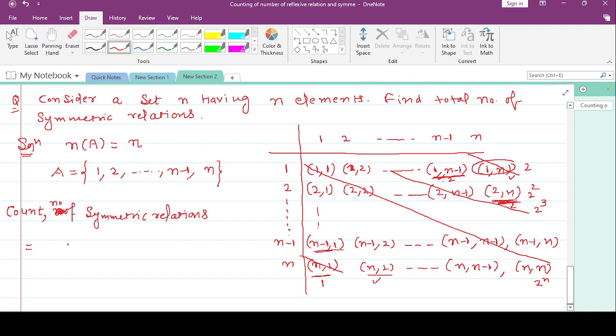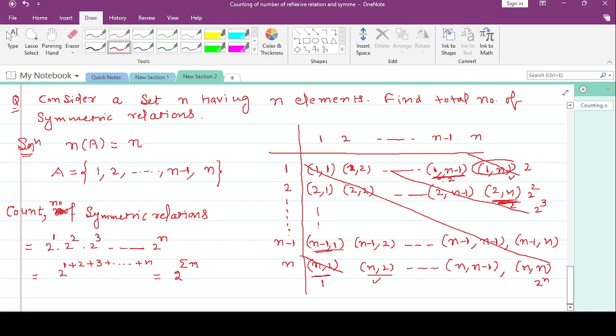So here the total number of reflexive symmetric relations are 2 raised to the power 1, 2 raised to the power 2, 2 raised to the power 3, and it is 2 raised to the power n. Now as the basis is the same, the powers are added, so you can write it as 2 raised to the power 1 plus 2 plus 3 up to n. This is equal to 2 raised to the power summation n.